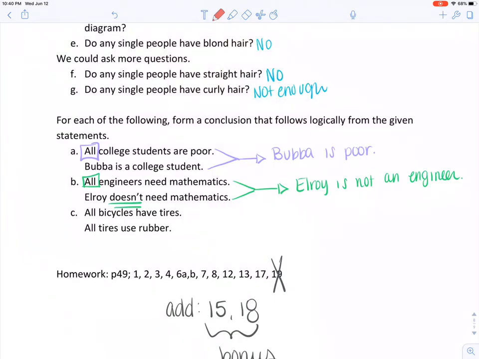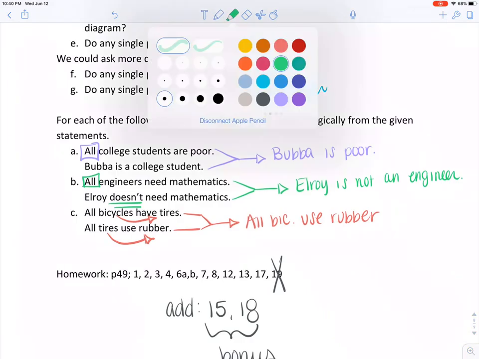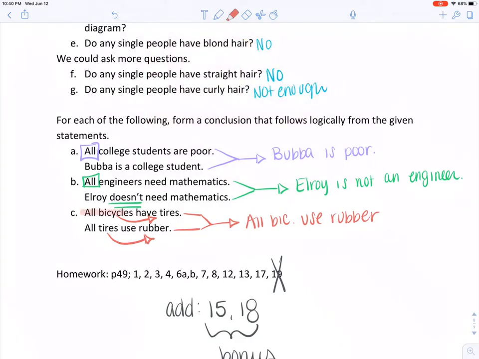All tires use rubber. So I can make the conclusion that all bicycles use rubber. Because a bicycle has tires and the tires have rubber, I can jump straight from the bicycle to the rubber.